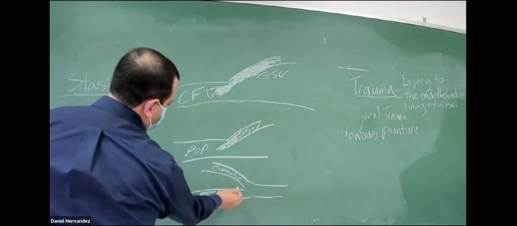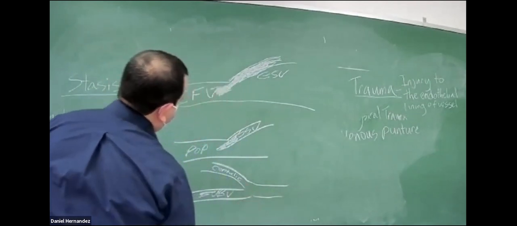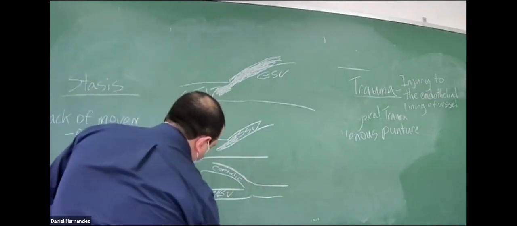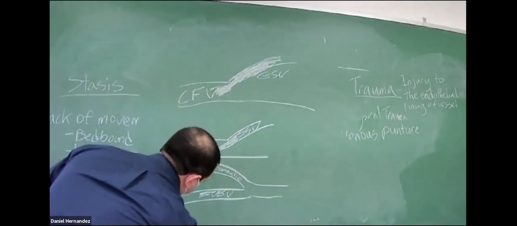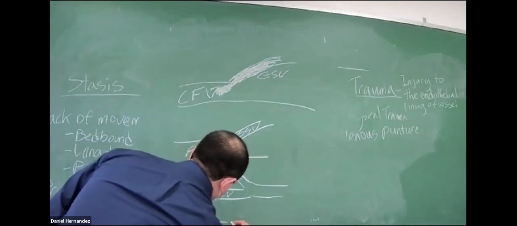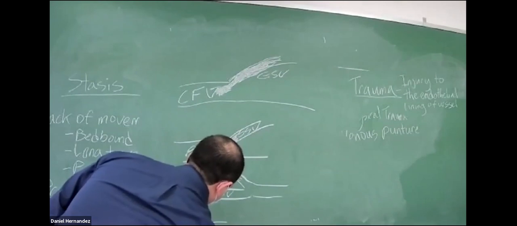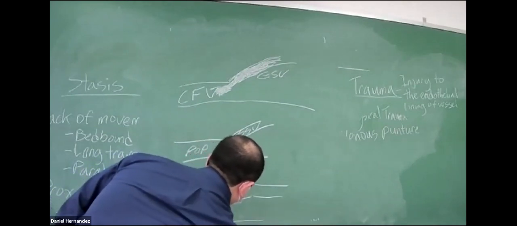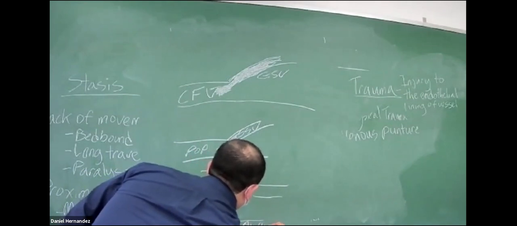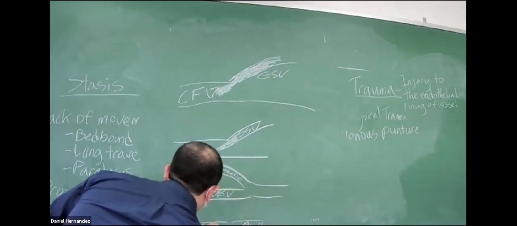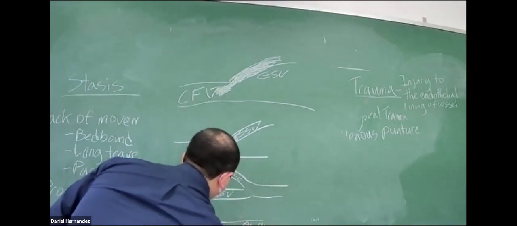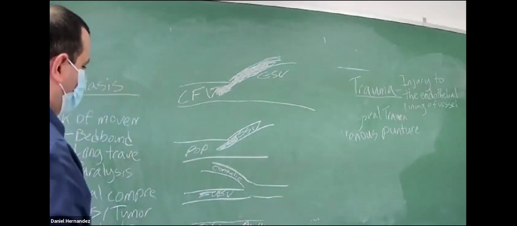You want to make sure there's no thrombus extending into that. You also have your axillary and your basilic vein. So it's important to look at those junctions of the vessels.